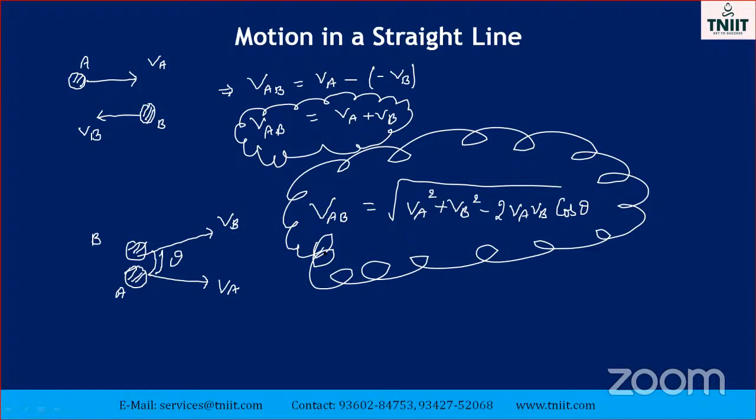Got it? So it is easy to remember. If two bodies are in the same direction, relative velocity must be subtracted. If two bodies are moving in the opposite direction, relative velocity must be added up. If they are moving at an angle theta, then the relative velocity will be the root of VA squared plus VB squared minus 2 VA VB cos theta.